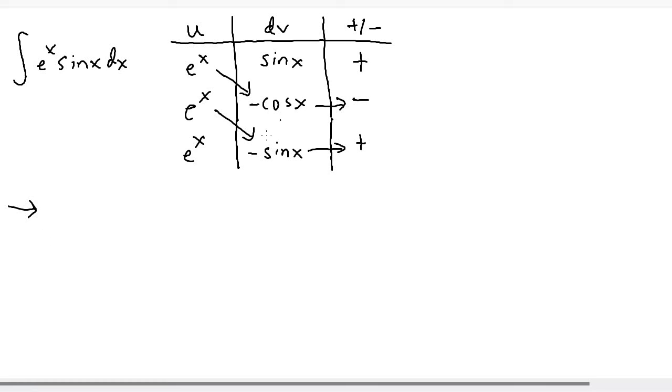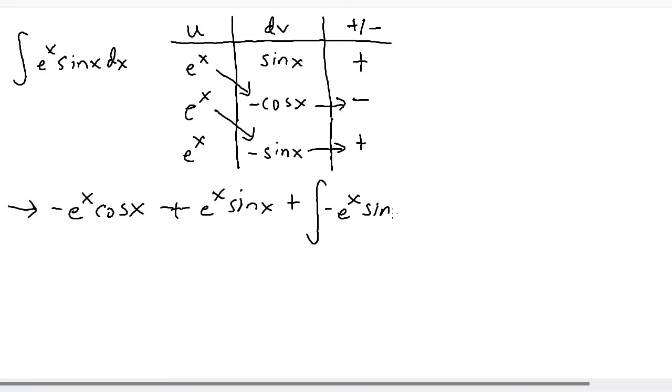Now we multiply e to the x and negative cosine x, so negative e to the x times cosine x, minus a negative e to the x times sine of x. It's a minus a negative, so I can change that to a plus sign. Then we have plus the integral of the last row multiplied, so negative e to the x times sine x dx.